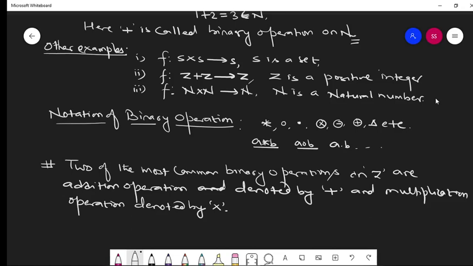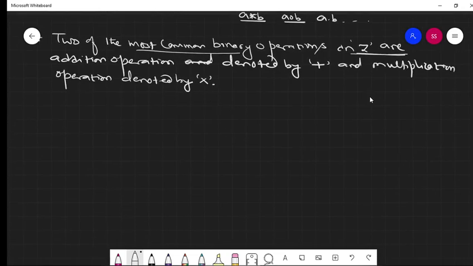So the most commonly used operations on integers are multiplication and addition. This is just for information.